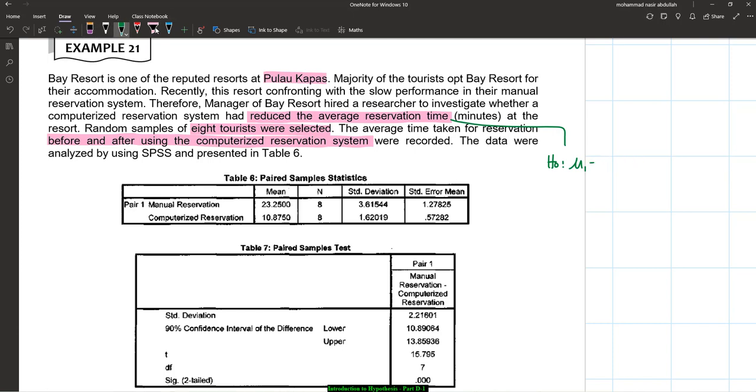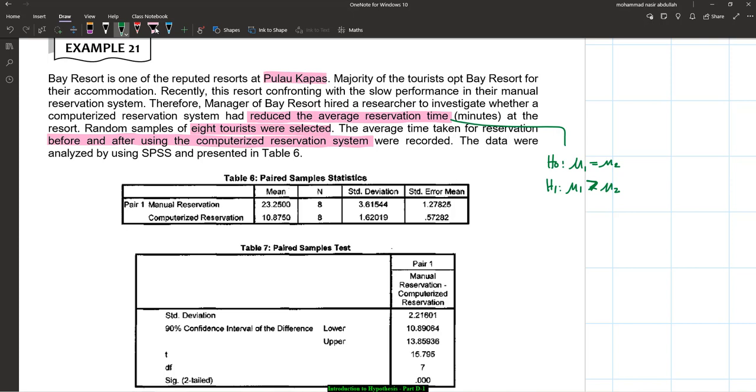Let's put it this way to understand the statement. Now alternative hypothesis, mu1 is less than or more than mu2, right? This is what we are talking about, mean reservation time, right? So if mu1 is more than mu2, it means that the new system is good.